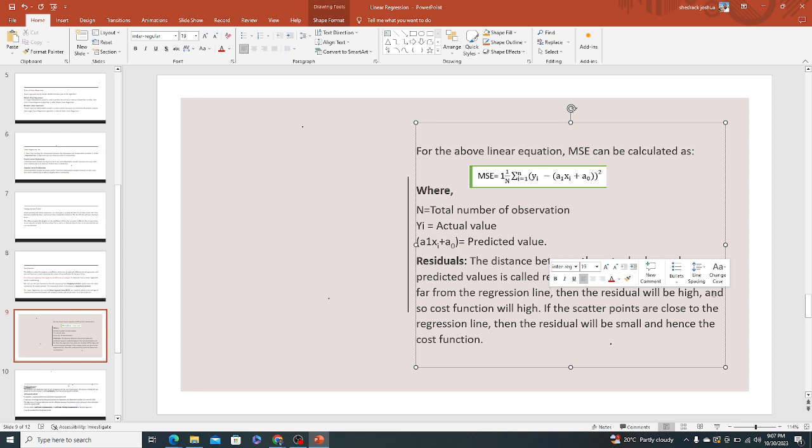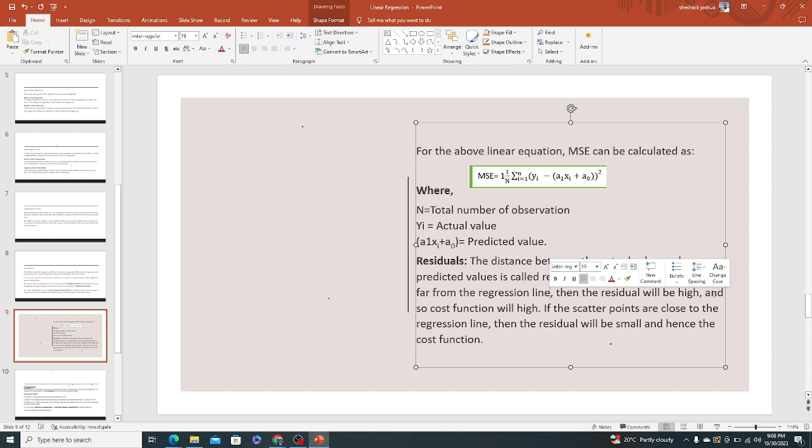And if it is high, then definitely the cost function will be high. If the scatter points are close to the regression line, then the residual will be small, hence the cost function will be small.